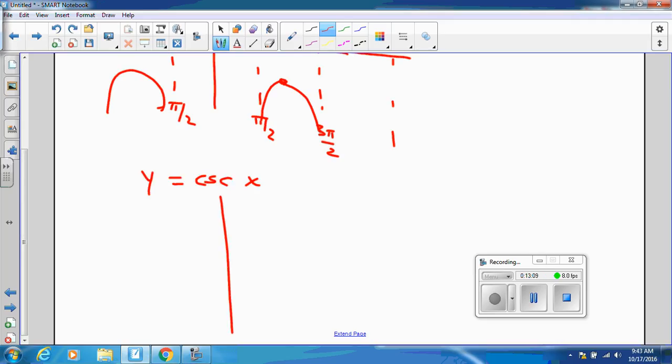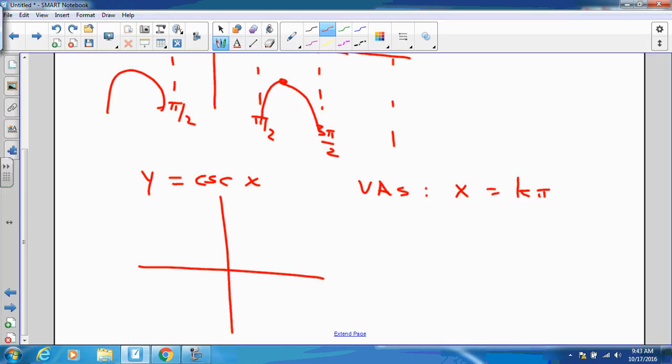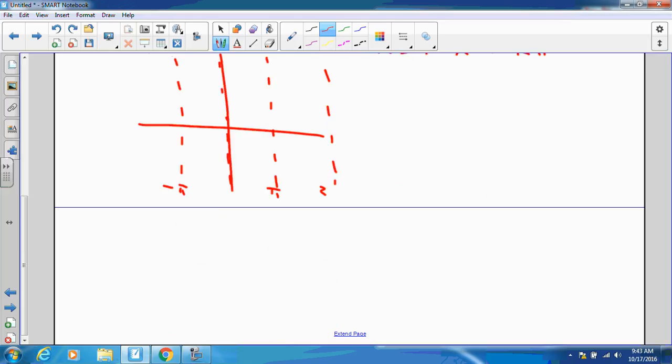And finally, y equals cosecant x. Josh, you're on. Vertical asymptotes first. So we're going to have them at every multiple of pi, which means vertical asymptotes at negative pi, 0, pi, 2 pi.